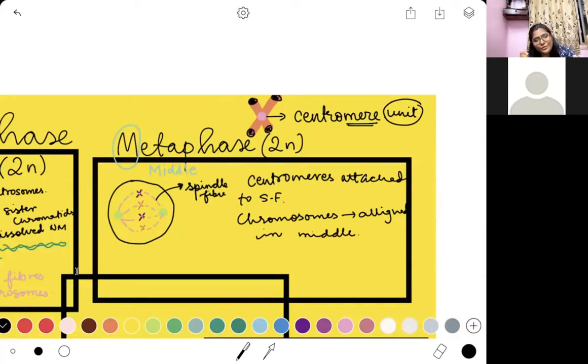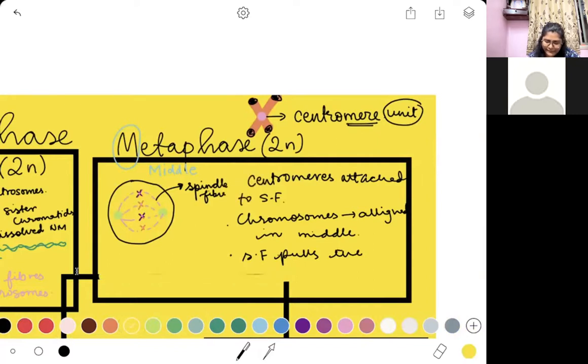Another thing that you want to see in this particular event is that your spindle fibers are going to pull the chromosomes toward themselves.